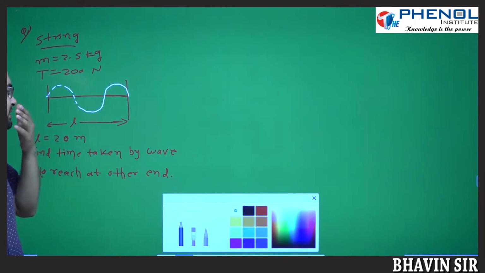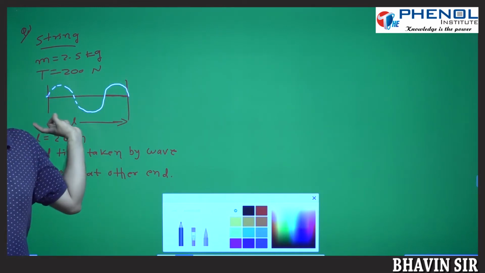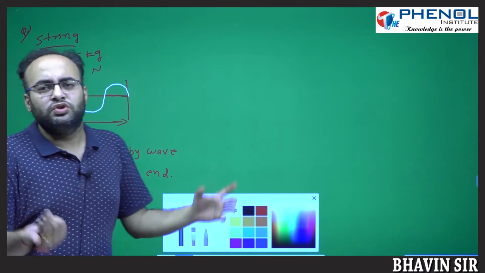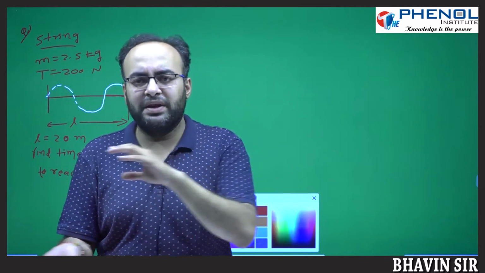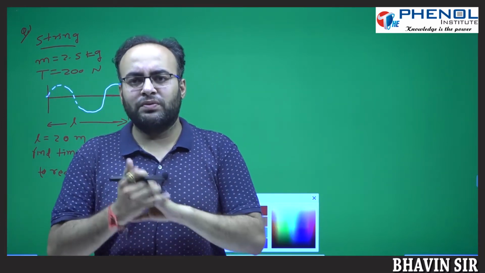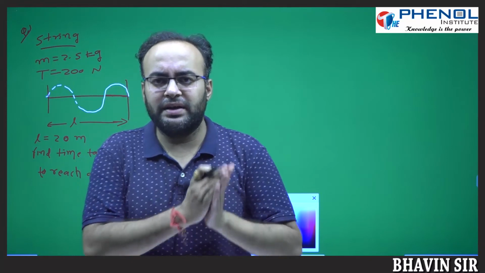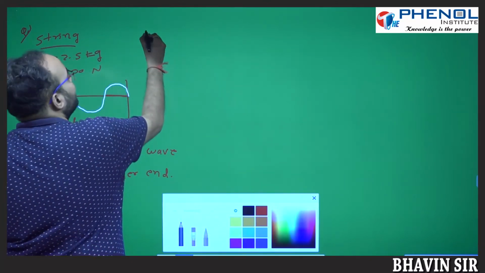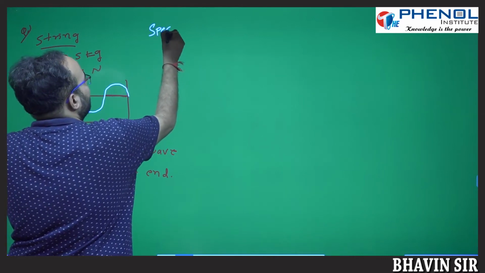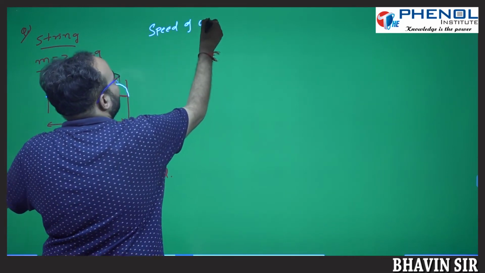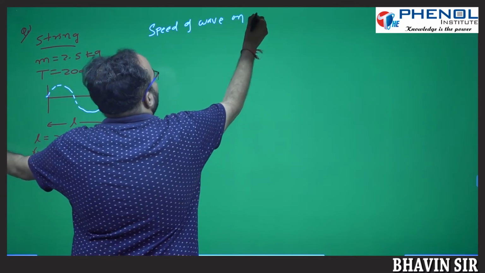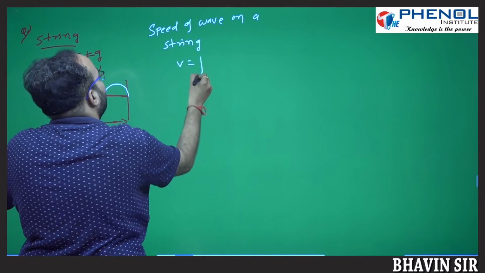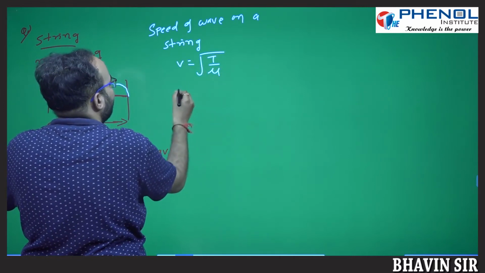What is the distance traveled by the wave? It is the same as the length of the string. So we know the distance. Now speed is equal to distance by time, so if you want to find time, first find speed. The speed of a wave on a string is given by under root T by mu.